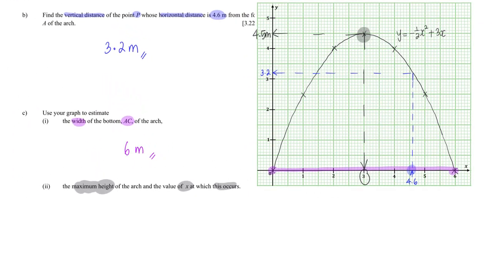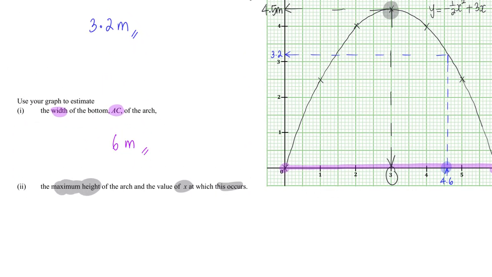Okay, so I just need to write down the maximum height, and it occurs at x equals 3.